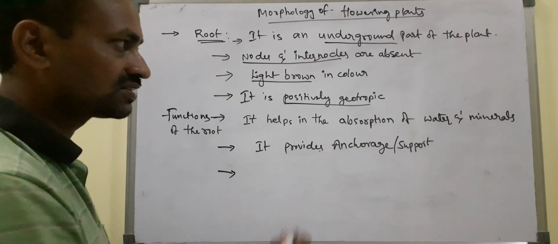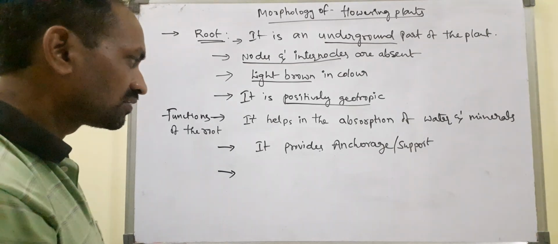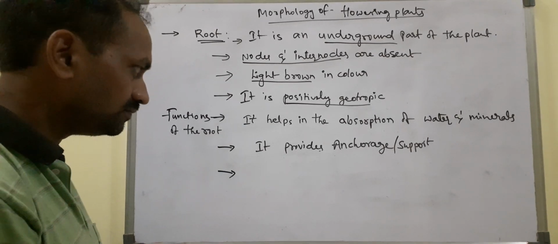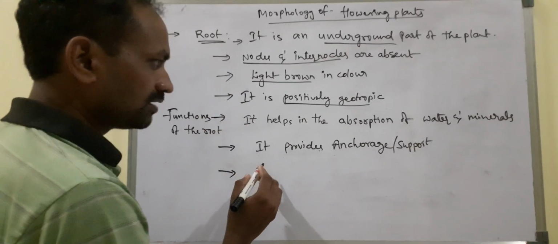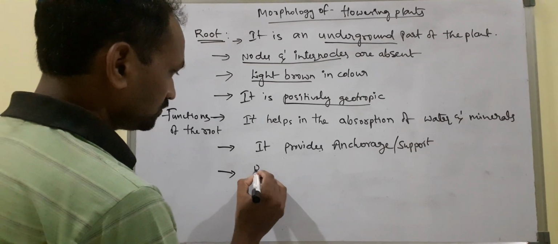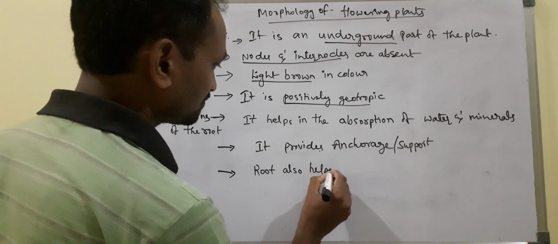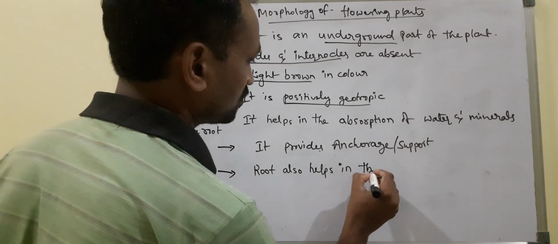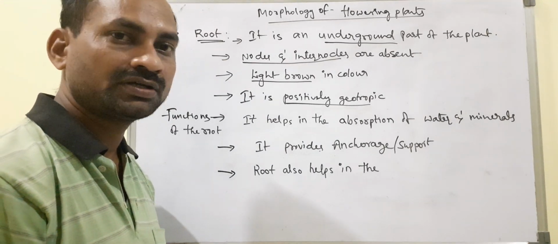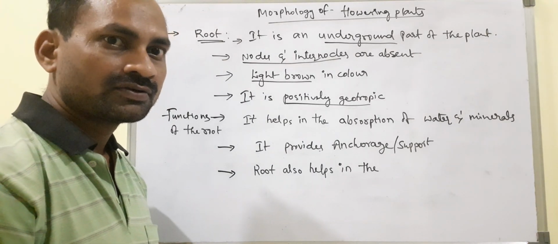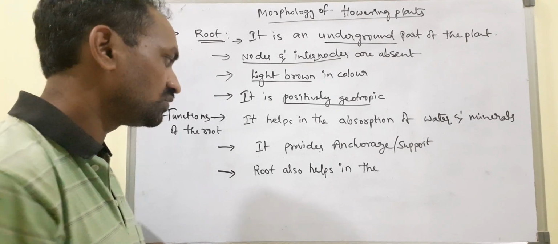First one is absorption of water and minerals. Second one is it provides anchorage and support. There are two more functions. Here, this root also helps in the storage of food materials. In some plants like carrot, turnip, okay, we can find food material in the roots. That means roots also help in the storage of food material.